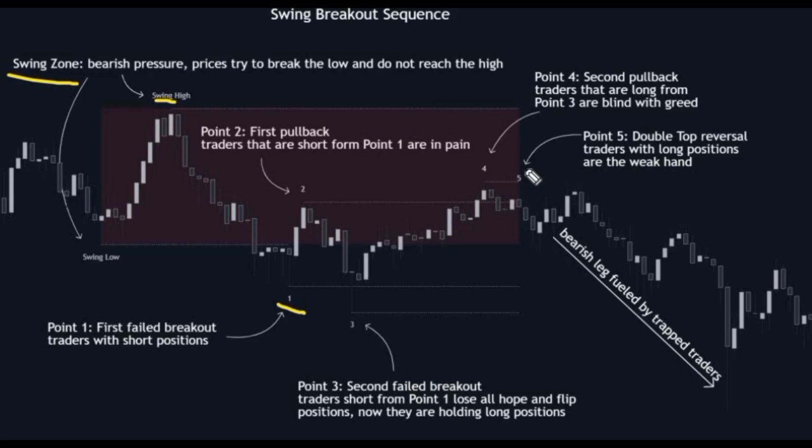Now we have point number 5, where you're supposed to look for a reversal. You can look for a double top if you want to sell, or a double bottom. In this case, we have a double top shown right here, and the reversal traders with long positions are the weak hands. That's why you can see this bearish leg fueled by trapped traders, an aggressive push to the downside.